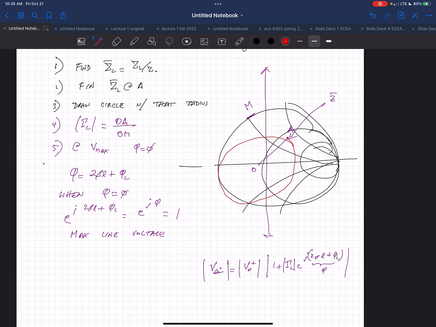The first maximum occurs when you hit this point, when phi is equal to 0 and the total phase is 0. So you went from some phi here to 0.